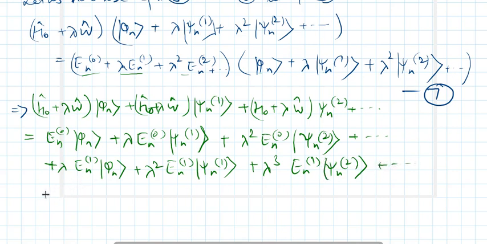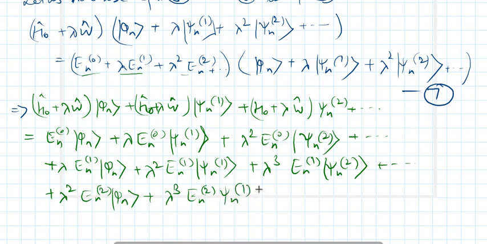Then lambda square En2 phi n plus lambda cube En2 psi n1 plus lambda 4 En2 psi n2 and so on.